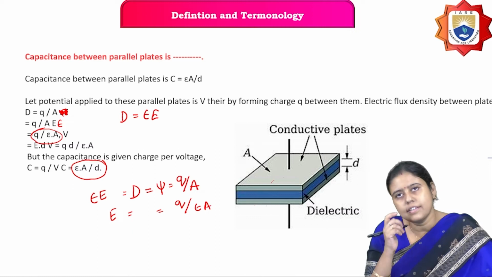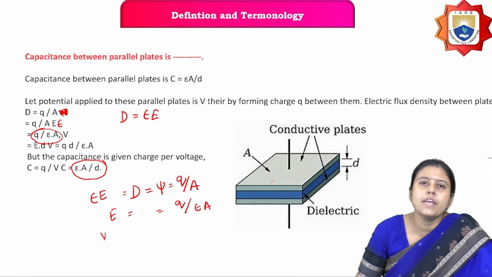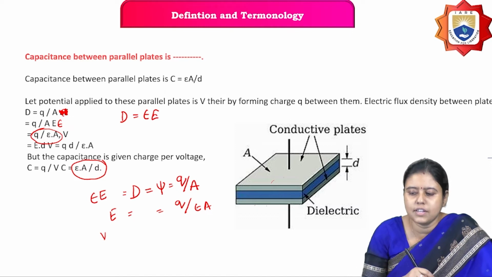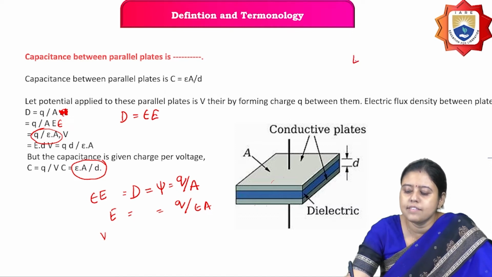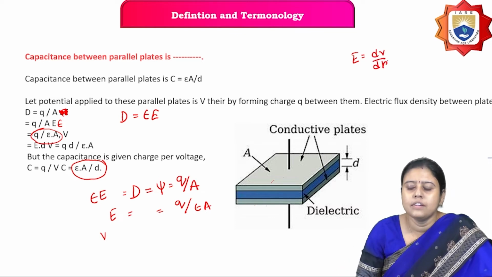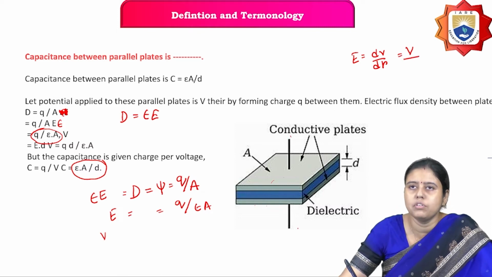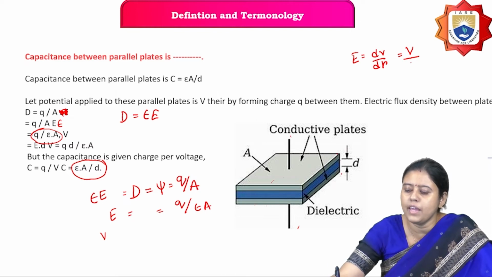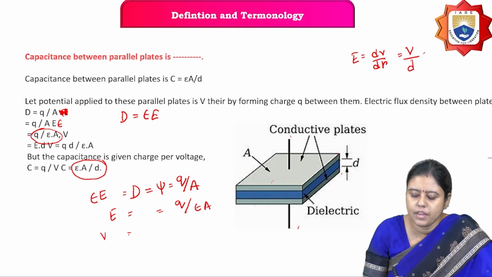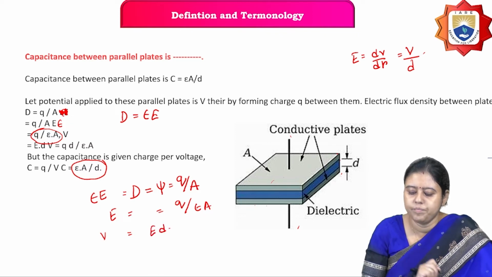Now we are discussing V. We discussed in the previous lecture that E is equal to dV by dr. If we are not taking the magnitudes, we can write the voltage applied between the plates divided by the distance between them, V by d. V is then E into d.